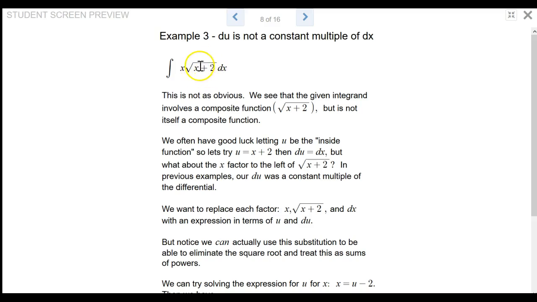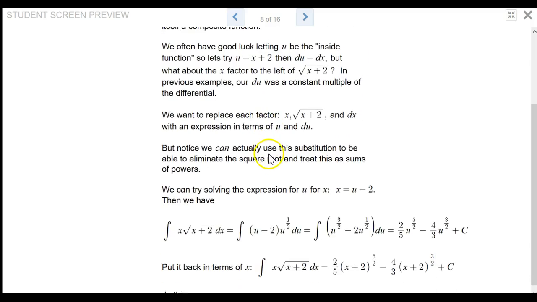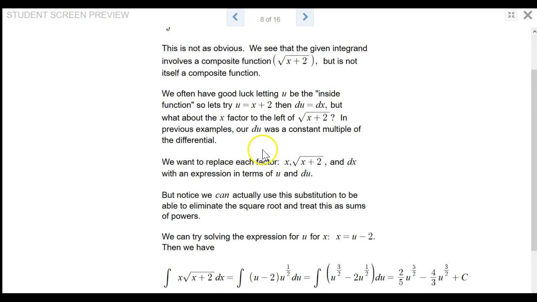So for this factor, let's try u equals x plus 2. Then we simply have du equals dx. But that's not sufficient because we still have this x factor to the left of our square root. But notice that if we solve for x in our expression for u, I get x equals u minus 2.